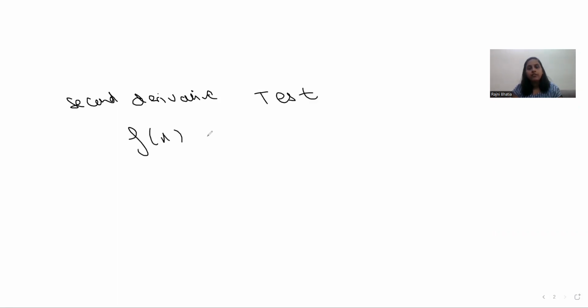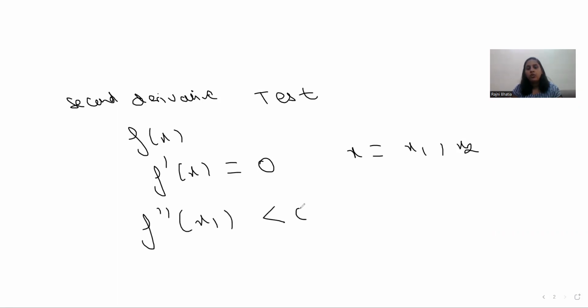Now, first of all, what is the second derivative test? You take a function f of x, you find its derivative, and equate it to 0. Suppose you get some critical points, then you find the double derivative at those points.